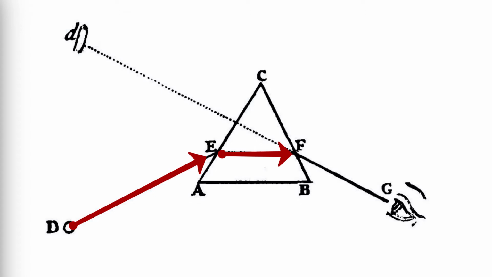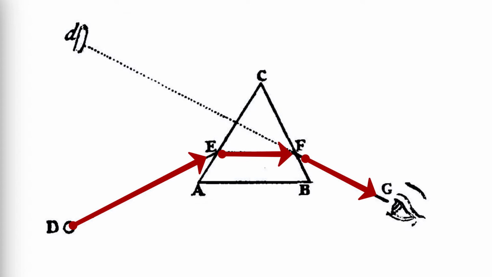"Then, taking this ray for the incident ray upon the second side of the glass, BC, where the light goes out, we can find the next refracted ray, FG, by putting the proportion of the sine of incidence to the sine of refraction now as 11:17. For if the sine of incidence out of air into glass be to the sine of refraction as 17:11, then the sine of incidence out of glass and into air must on the contrary be to the sine of refraction as 11:17 by the third axiom."